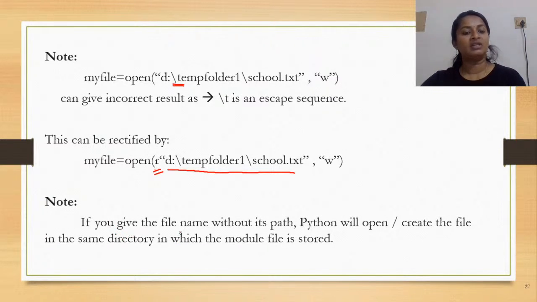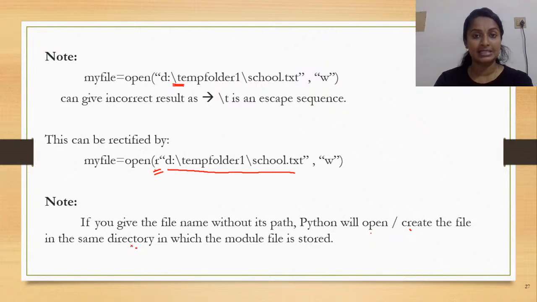So if you give the file name without its path, fine, if you're just giving the file name and you are not mentioning the path, what will happen? Python will naturally try to open or create the file in the same directory, that means the path where it is currently existing.